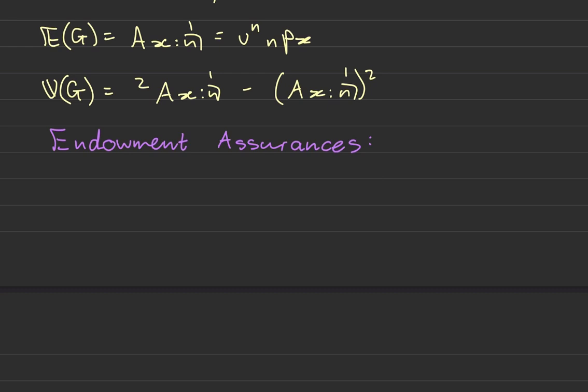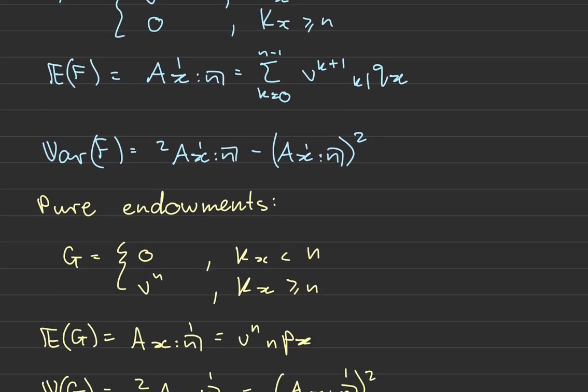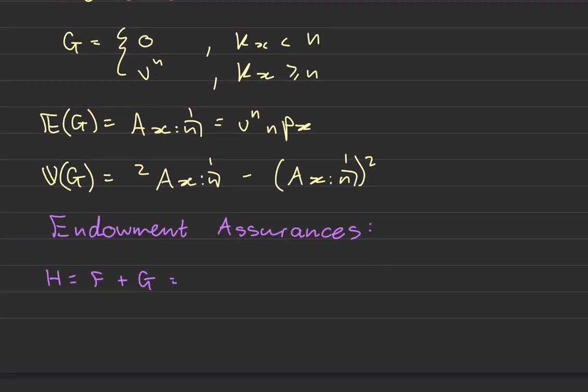So the random variable here, I'm going to define it to be h, is going to be equal to f plus g. So I used f for a term assurance contract, and I used g for a pure endowment contract. So the sum of a pure endowment and a term assurance contract will be an endowment assurance contract.